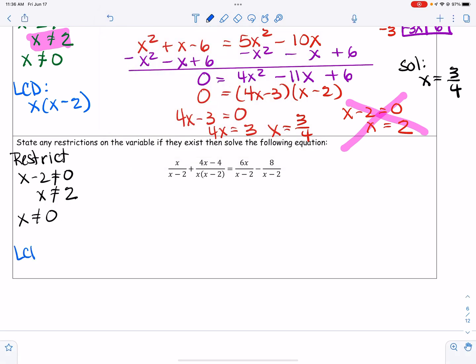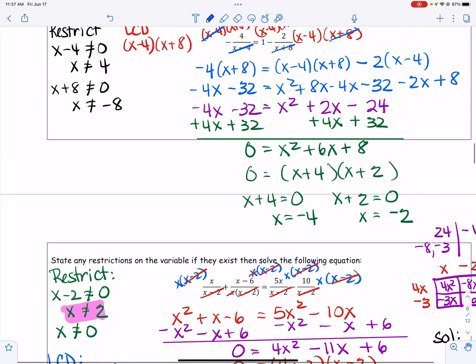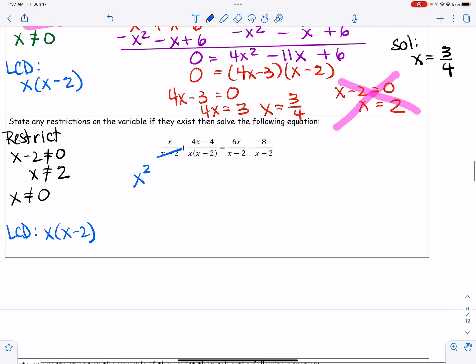So my LCD is x times x minus 2. And what you can do, instead of writing all of the LCDs next to each one, you can look at the denominator. The x minus 2 cancels out of the LCD, and what's left is an x. So x times x is x squared.